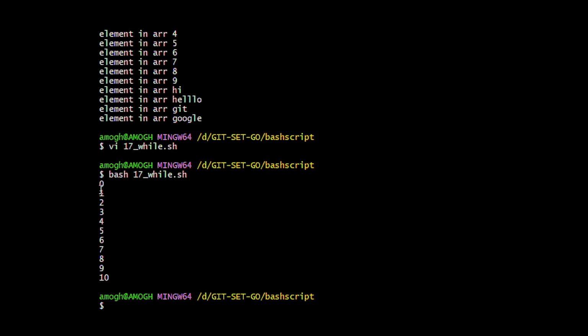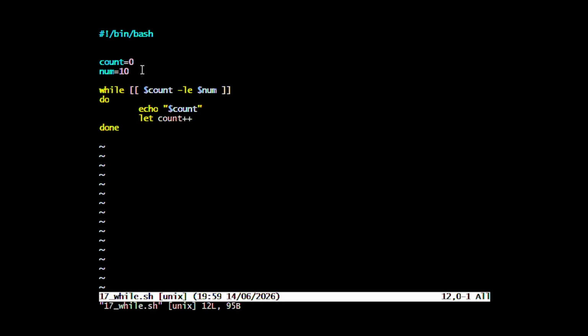See, I have got it. There were no errors. If there were any errors, we would have solved it. I have iterated and got 0 to 10. Now let me actually explain it to you. See, what is done is count equal to 0, then num equal to 10. See, what condition have we given here?